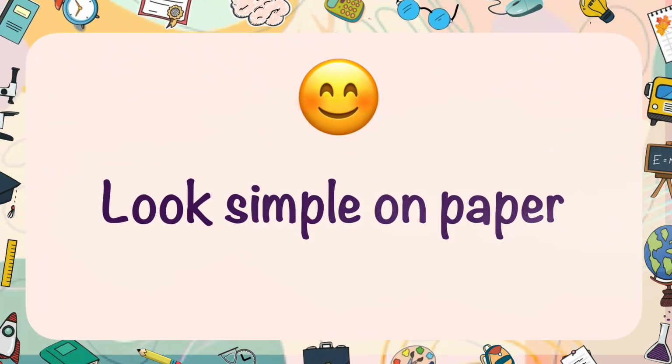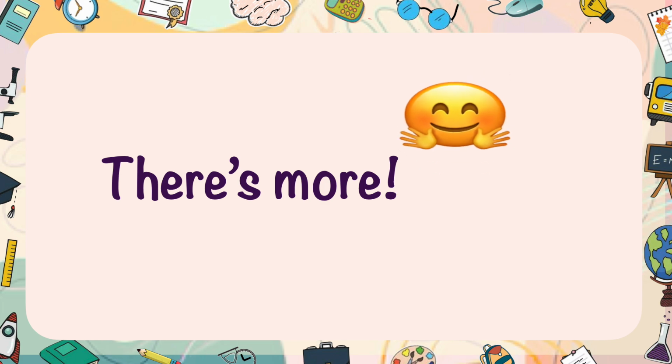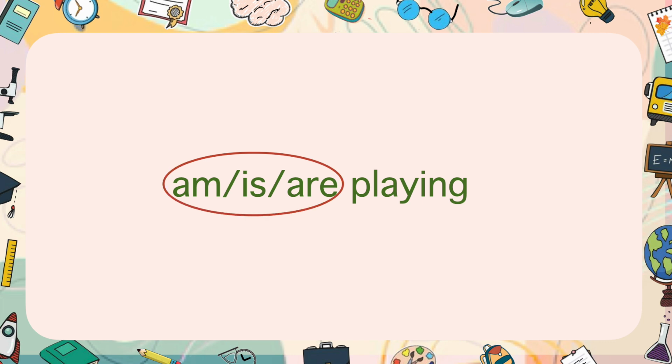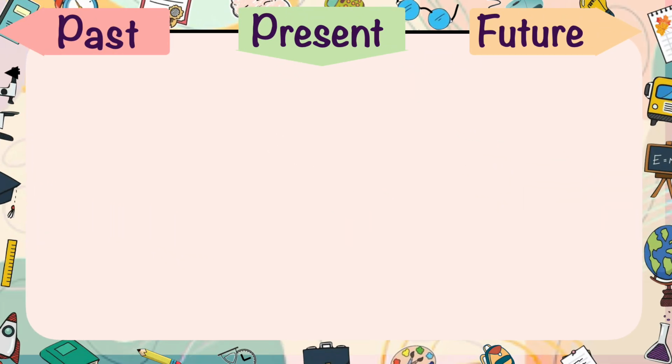These look simple on paper, but there's more to them than just their form. Let me give you an example. Here we have the verb be used with an ing with the verb, called the present progressive or the present continuous tense.